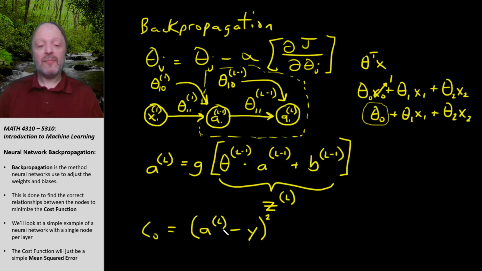So it makes a guess using this activation. It then compares that to the actual value and then squares that difference. That's going to be our cost function. So it's a simple MSE without the mean part. This is just squared error. So I guess you could call it just the SE instead of the MSE. But this is a very, very simple way to evaluate whether or not a guess is accurate.